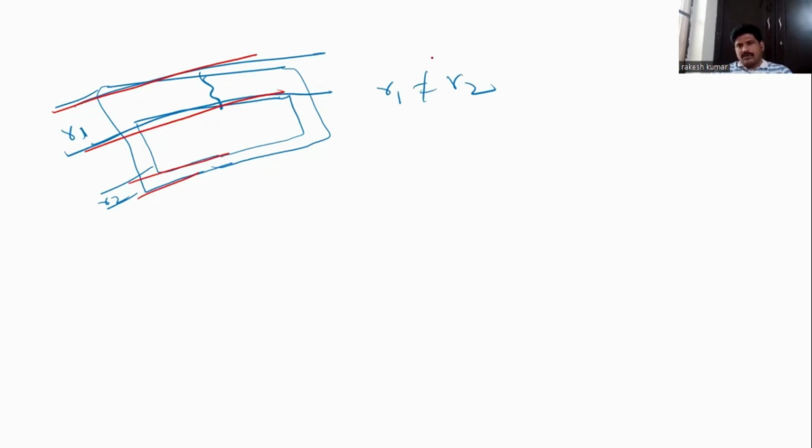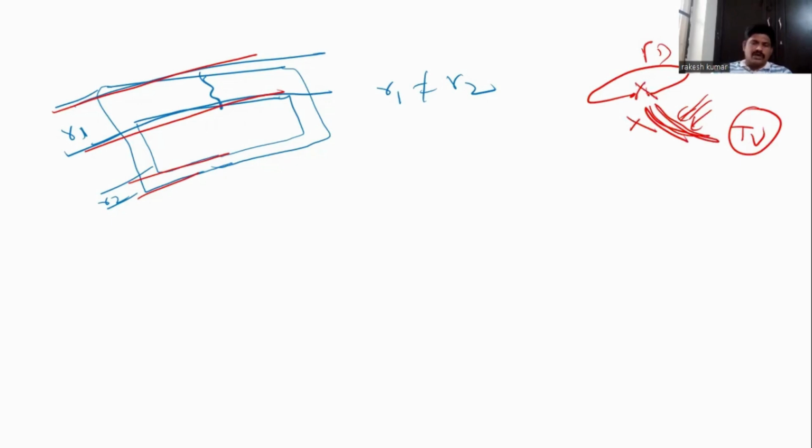For example, here this is my folded dipole, this is my TV. The impedance of the cable should match the impedance of this folded dipole. If you take two dipoles, it is 290 ohms. If you take a tripole, it is 657 ohms.